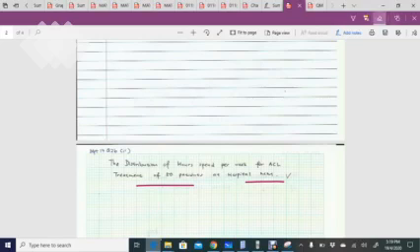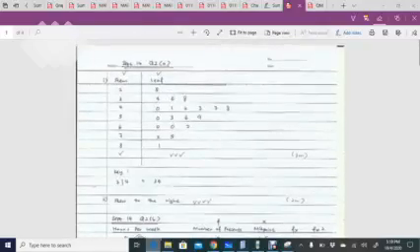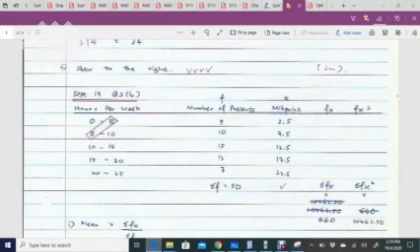Okay, after that, what you need to do, get your x-axis and y-axis, right? You already know that the smallest value is 5 and the biggest value is 15.